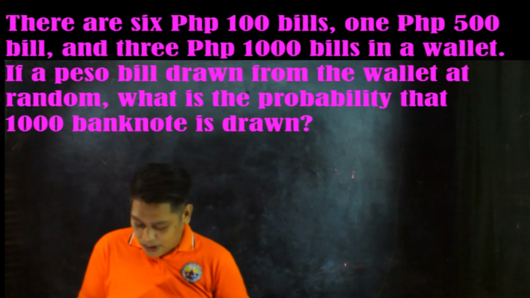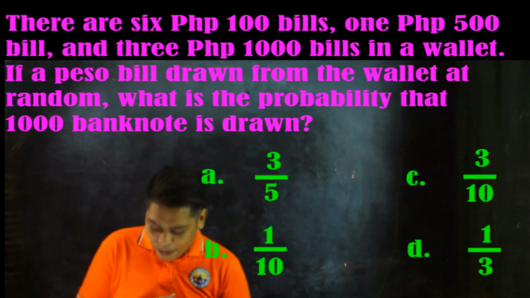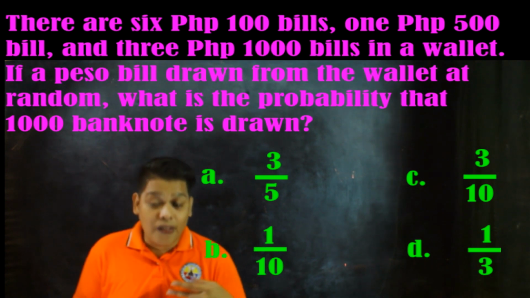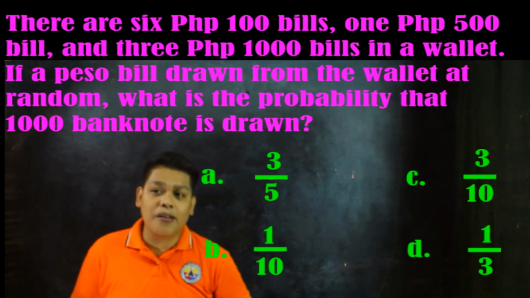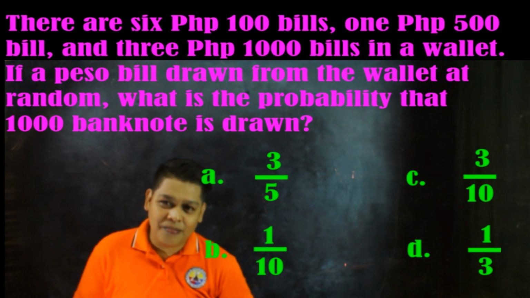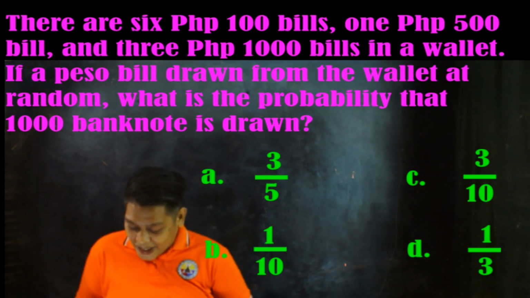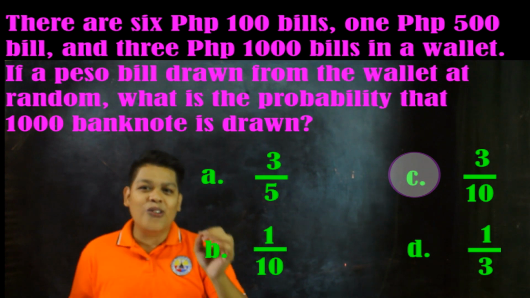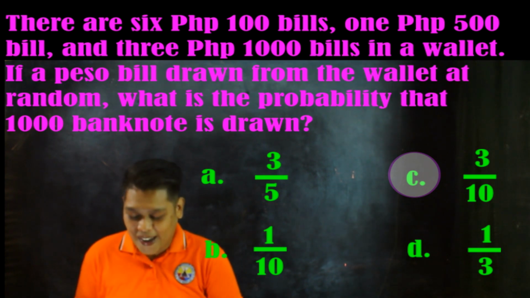The choices are letter A, 3 over 5, letter B, 1 over 10, letter C, 3 over 10, and letter D, 1 over 3. What is your answer? The correct answer is letter C, 3 over 10.